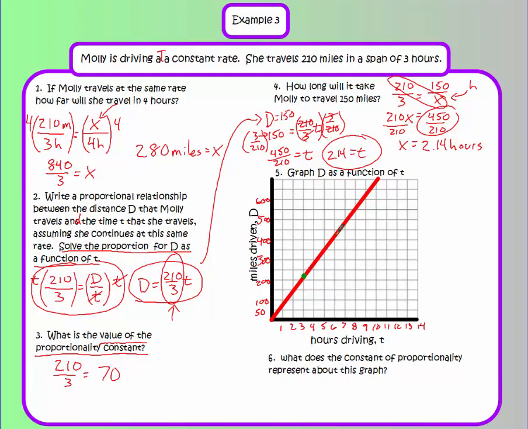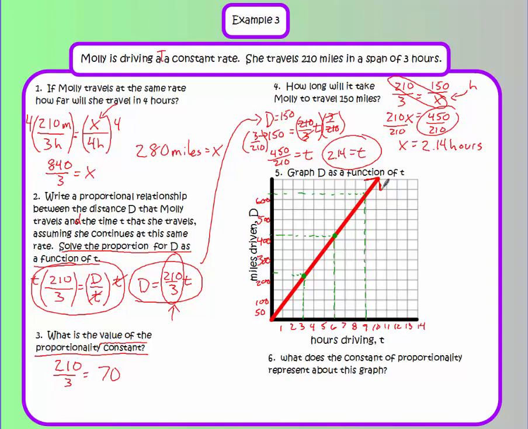At 6 hours, we should be around 420. And look, here we go. At 9 hours, we should be at about 630. And that's true. So this is a pretty good line here. This would keep going in that direction.